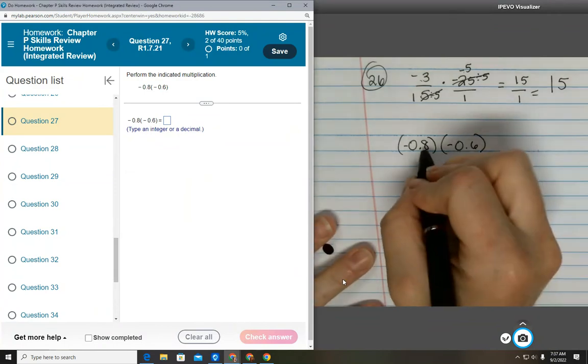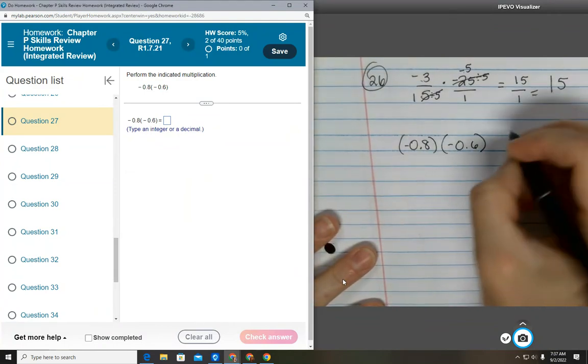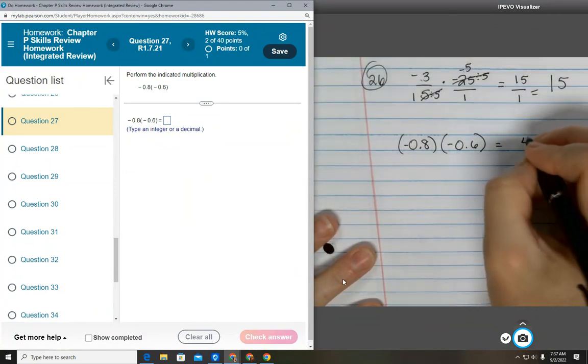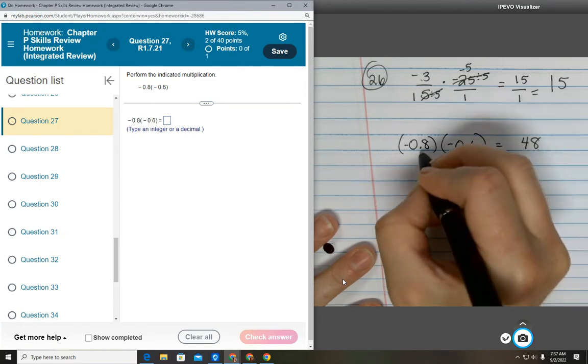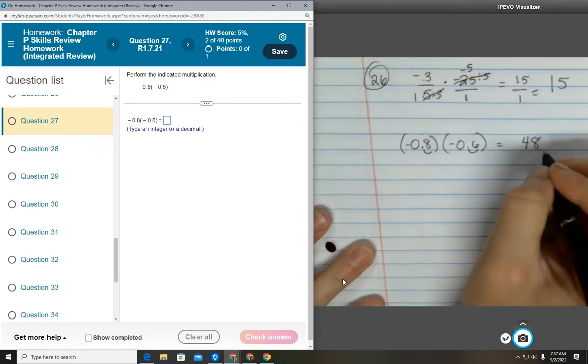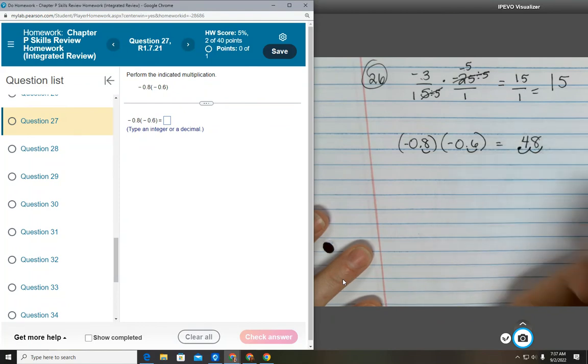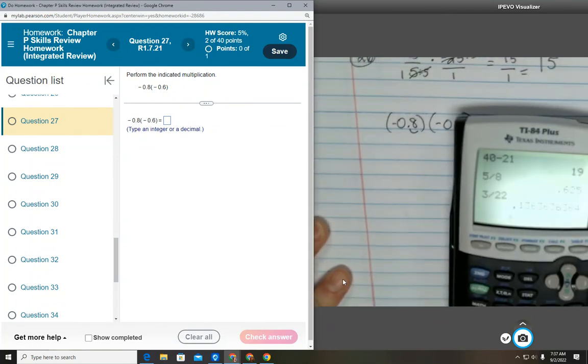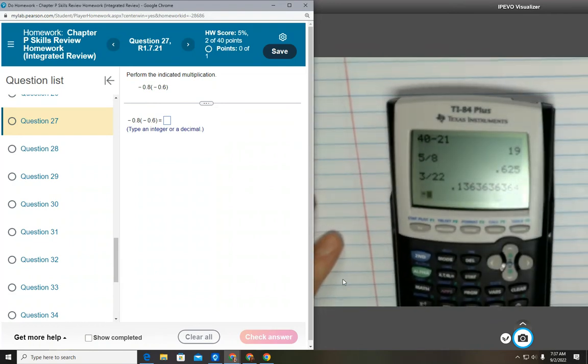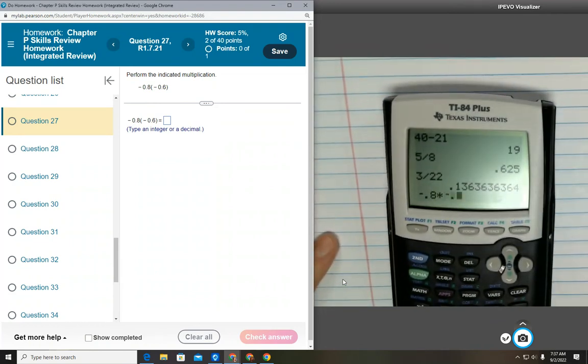Whenever you multiply 6 times 8, you get 48, but you count how many decimal places that is. So there's 2 decimal places, so I'm going to go 2 decimal places. Negative times negative gives me a positive. So you can double check yourself: negative 0.8 times negative 0.6 is 0.48. But that's the way to do it by hand.